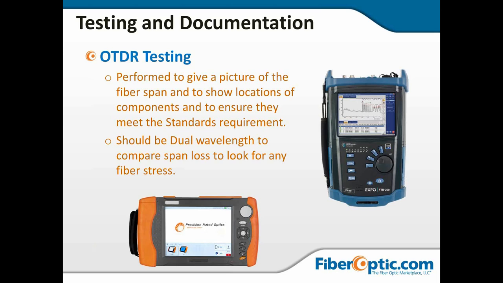What an OTDR does for us that nothing else does, it gives us distance. It tells us how far away the components are, whether it's a splice, connector, or whatever, how far away is it? And again, using dual wavelength, I can compare my losses, and by looking at 1550 and 1625, I can see any differences in the two and determine if there's any stresses, macro bends, or anything like that in the construction.